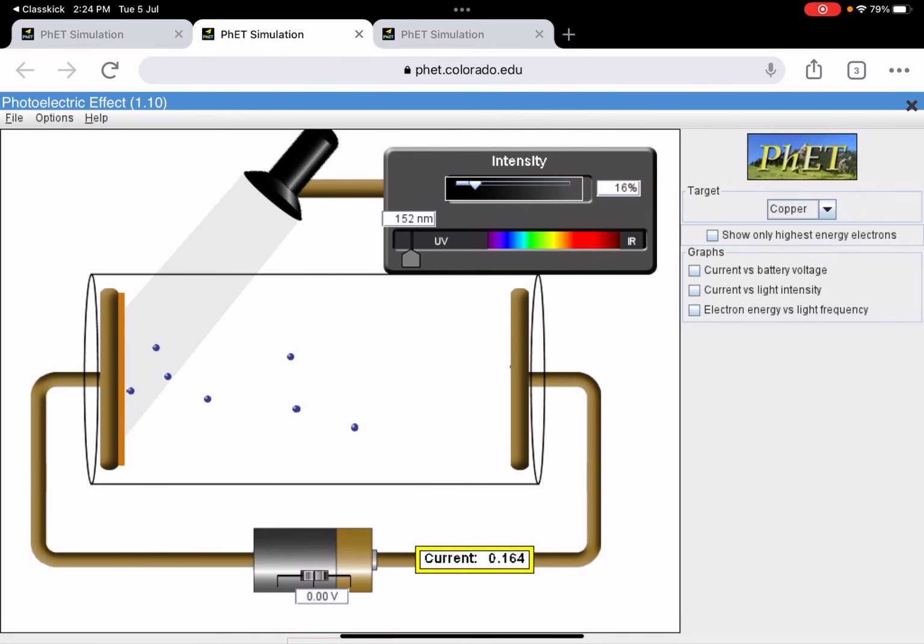The ejected electrons are leaving the surface of the metal with a higher kinetic energy because now the remaining energy after the binding energy is higher and all of it goes to the kinetic energy of the electron. Now if I choose the option of higher intensity, I see more electrons ejected from the surface of this metal, but all of them still at the same kinetic energy, at the same speed.